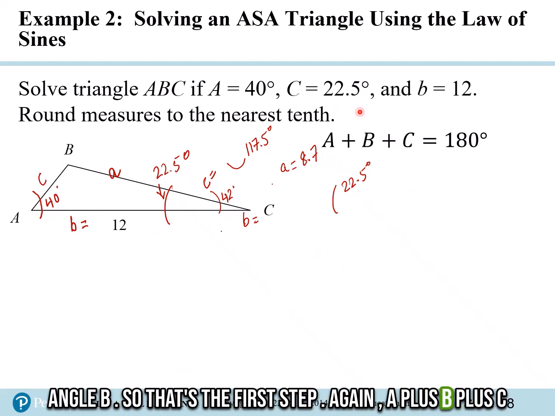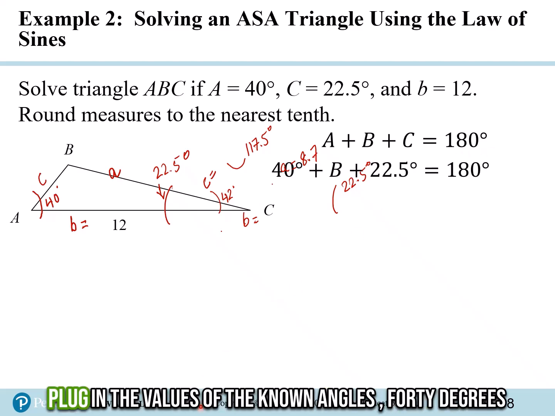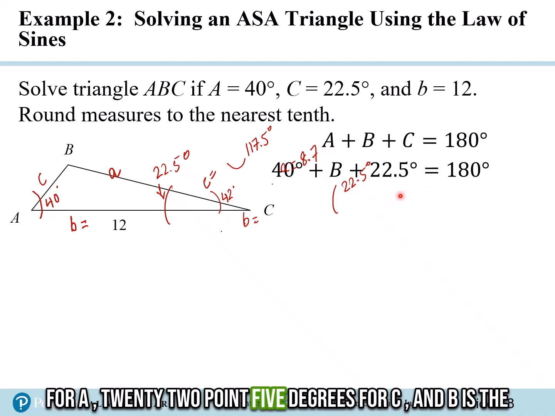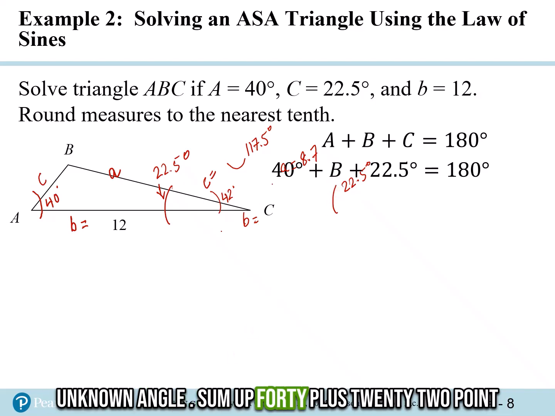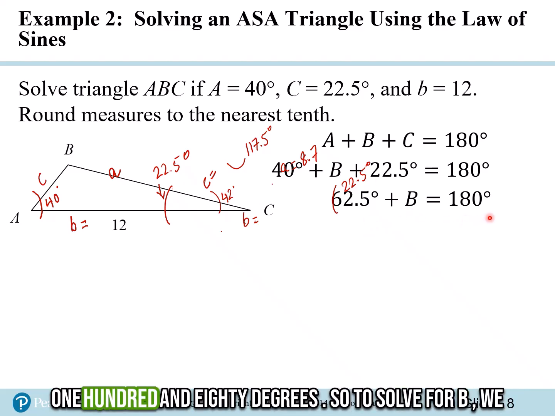Again, A plus B plus C equals 180 degrees. Therefore, plug in the values of the known angles: 40 degrees for A, 22.5 degrees for C, and B is the unknown angle. Sum up 40 plus 22.5 gives us 62.5 degrees, plus B equals 180 degrees.